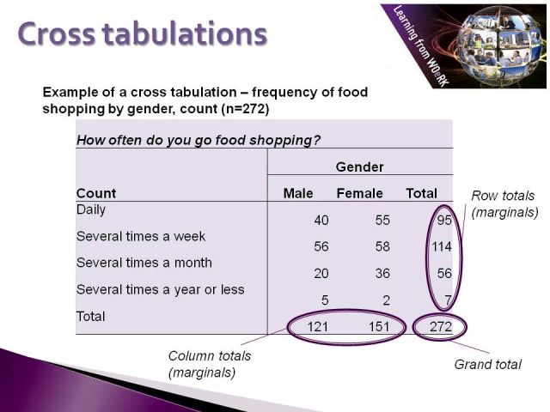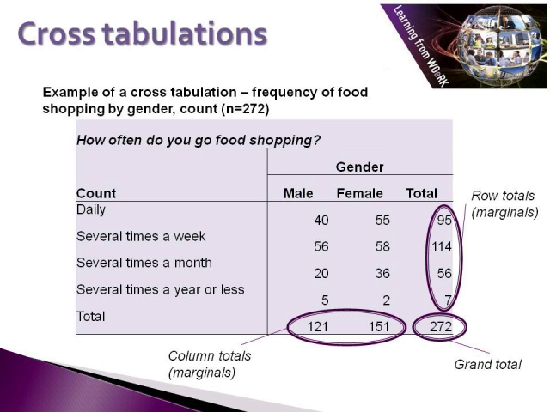The grand total is the total number of respondents, so 121 males and 151 females, that's 272 people. And we can calculate it the other way around as well, so the total number of people responding to each particular category.